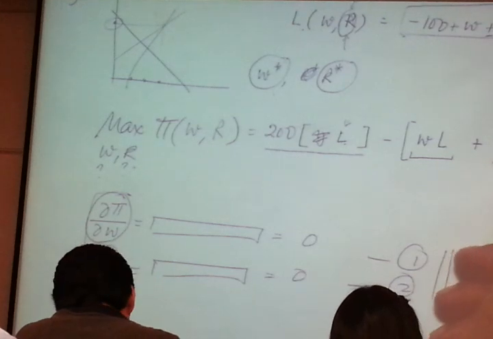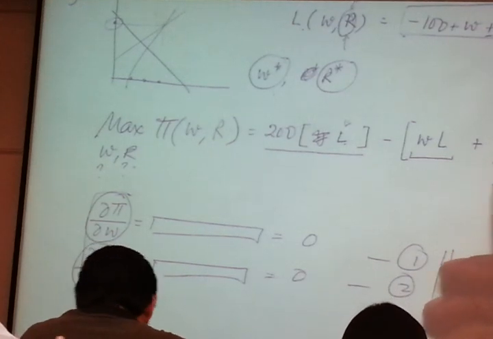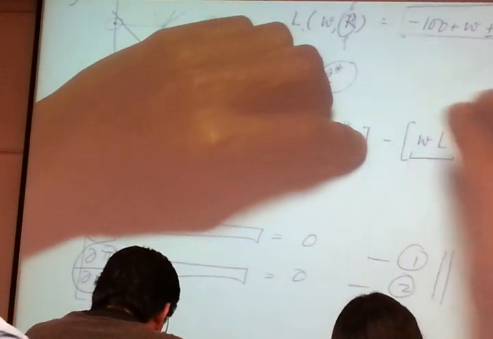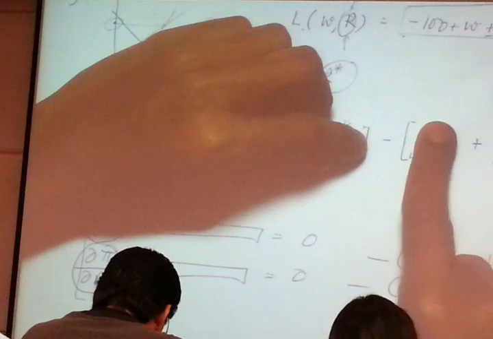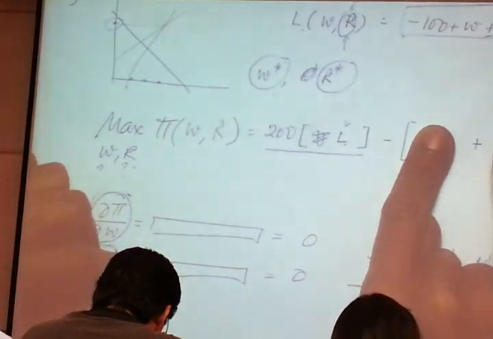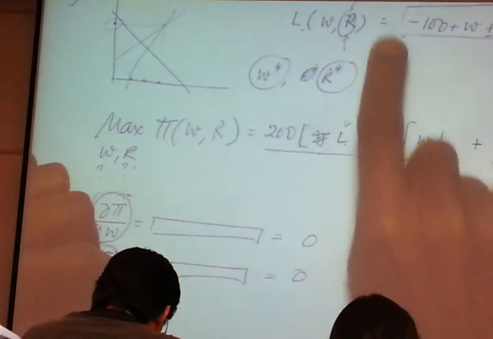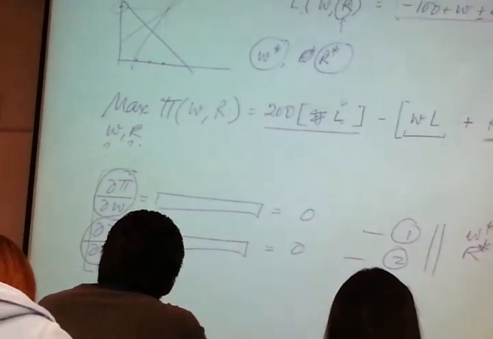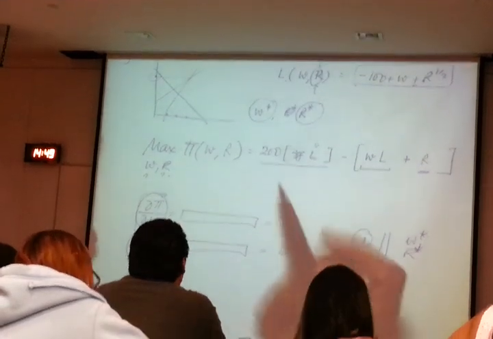It's very likely you will miss out R if you don't pay attention to what's going on. Revenue minus expenditure. This is the wage-related expenditure. This is the recruitment-related expenditure. Here my expenditure has two components, W and R.